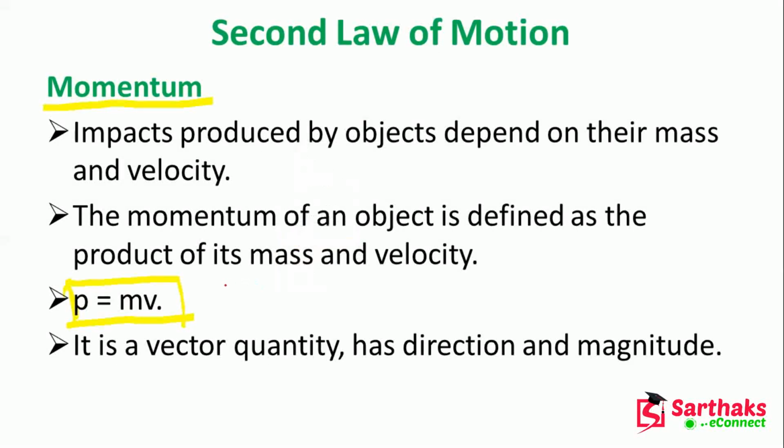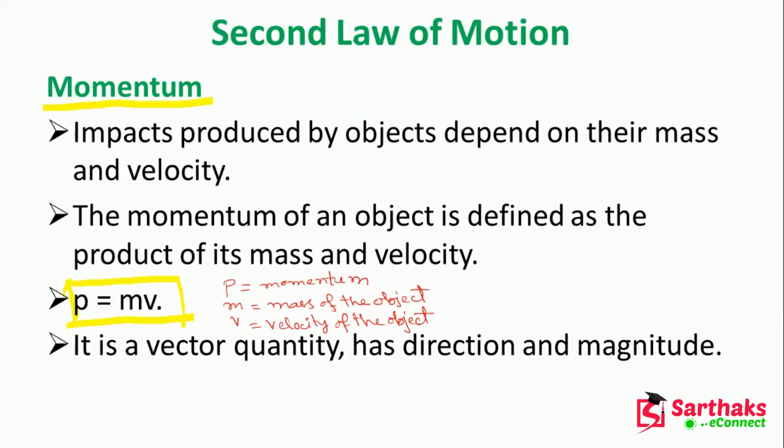Let me take the pen. So here P is the momentum, M is the mass of the object, and V is the velocity of the object. So momentum is defined as the product of mass and velocity.